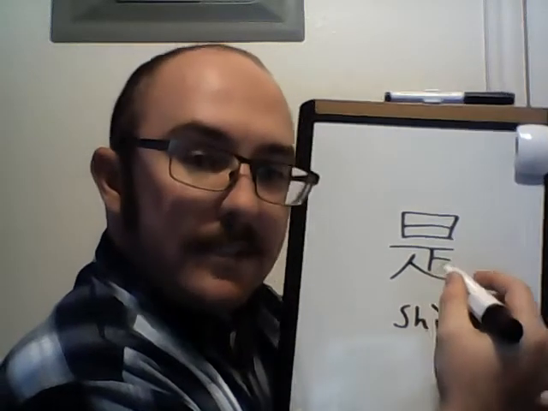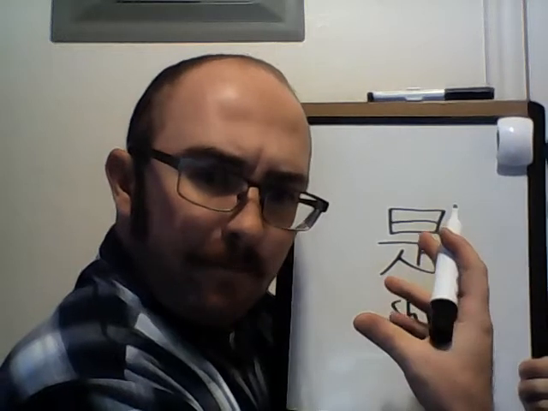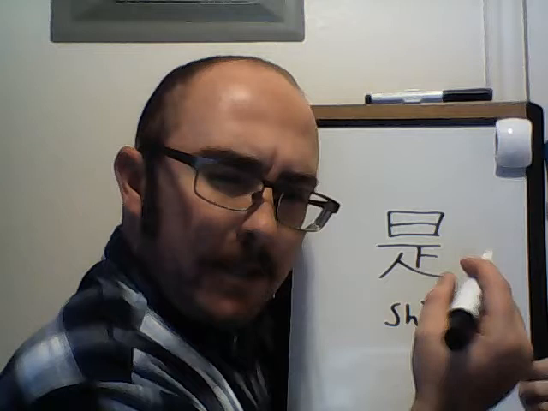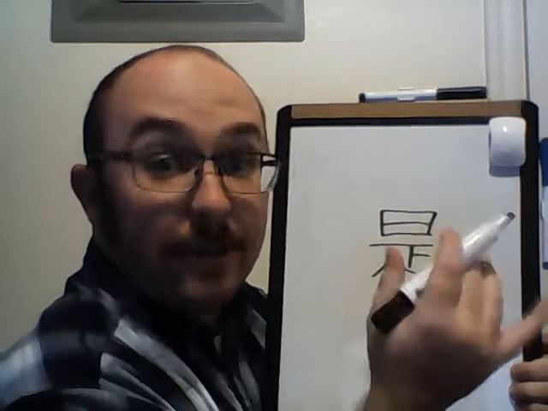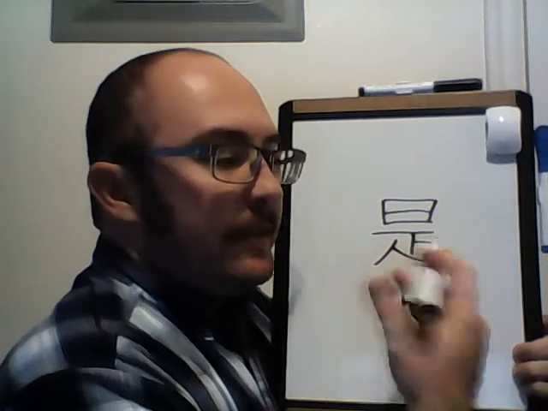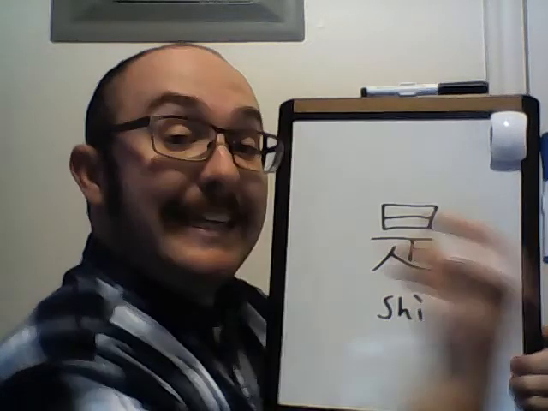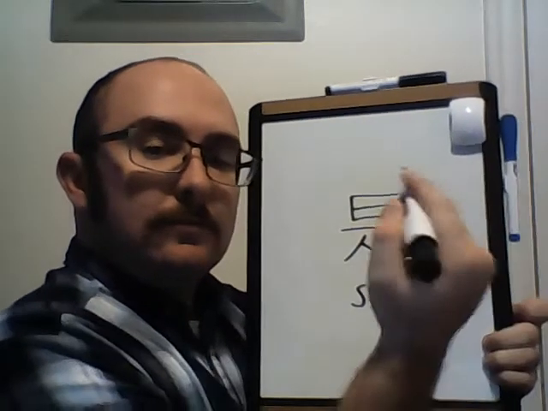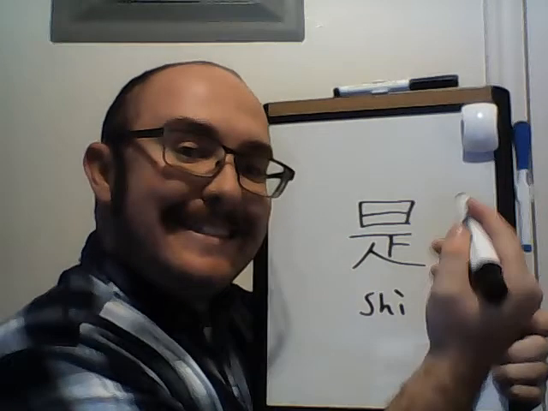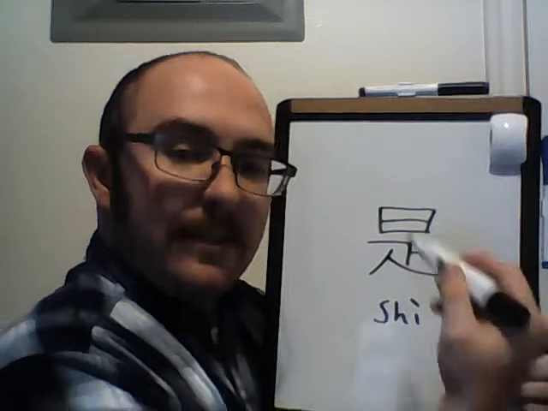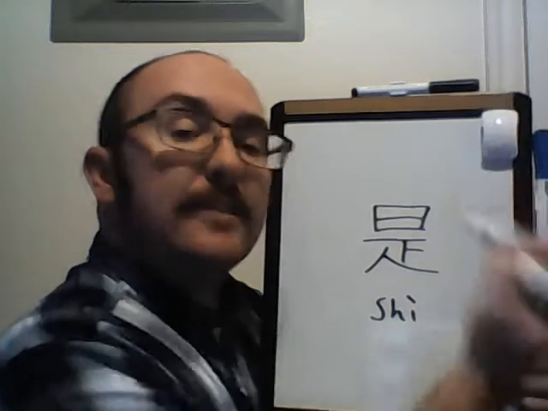Now the thing with this is it's different from the English to be verb. So in English, for example, we say he is tall. That's the to be verb is. In Chinese, they don't say that. It's just 他很高. He's very tall.